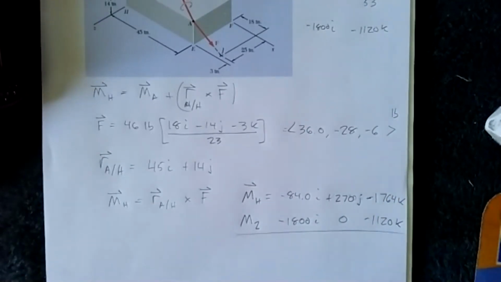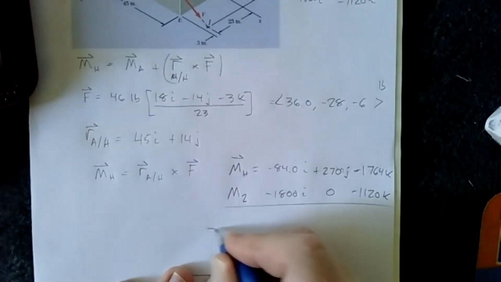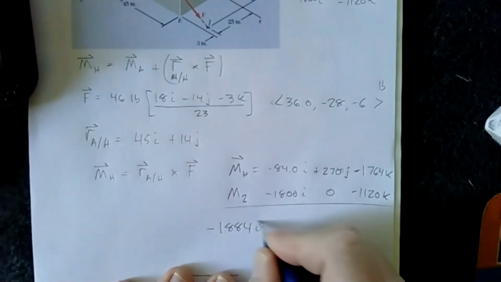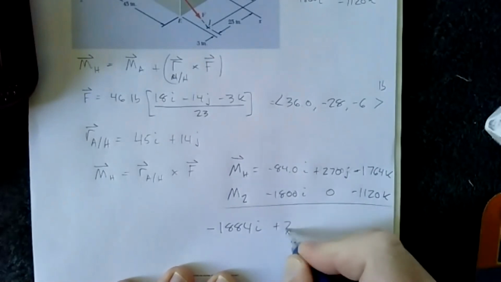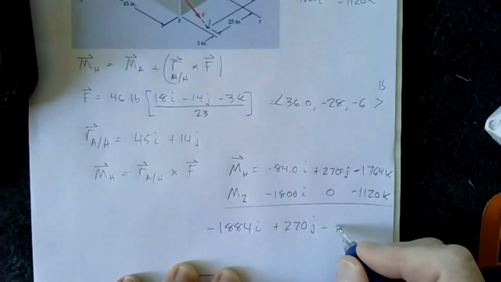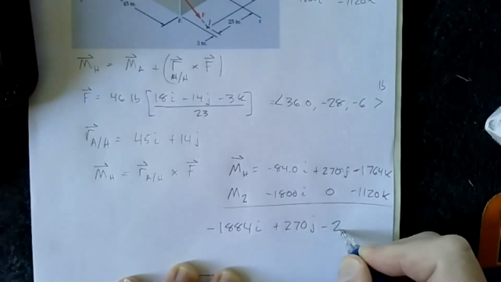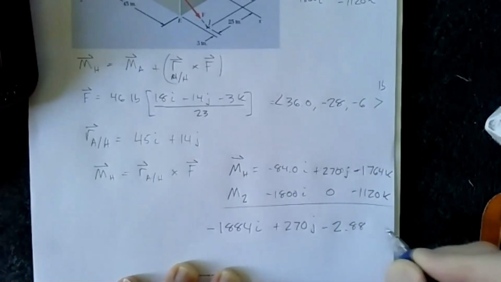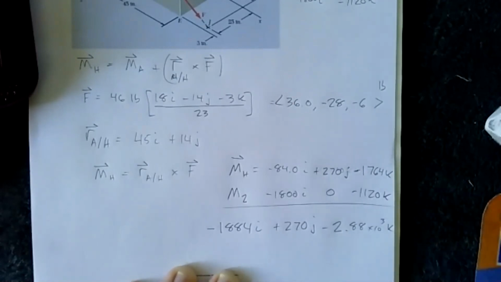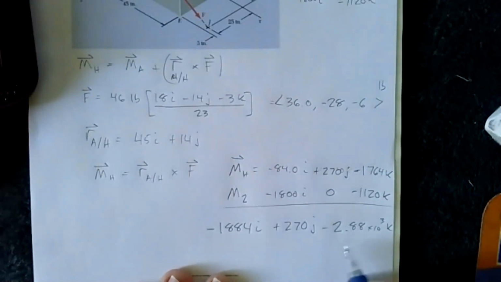Now I just need to add that together. I get negative 1884I plus 270J minus 2.88 times 10 to the third K. Now that's kind of Mickey Mouse to have mixed units. I had 2884.